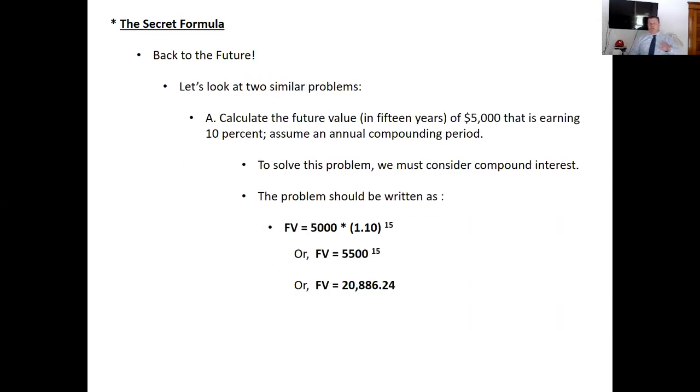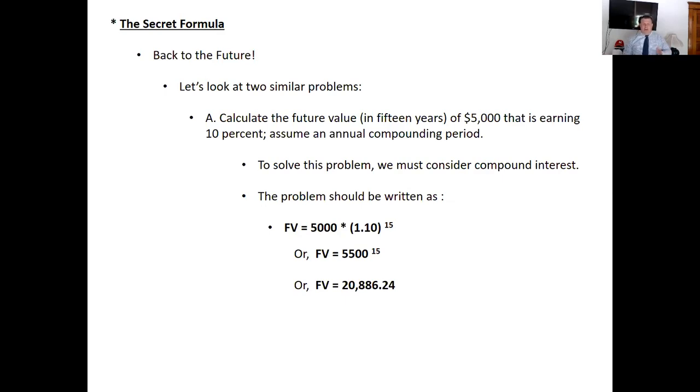So let's take a look at two similar problems here to understand this. A, calculate the future value in 15 years of $5,000 that is earning 10%, assuming an annual compounding period. So to solve this problem, we're going to have to consider compound interest. So the problem should be written as such.